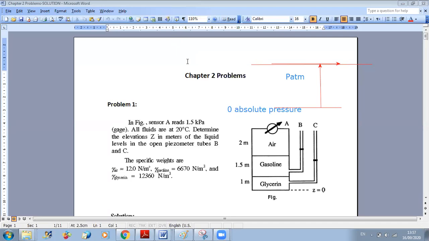So the whole idea is that you are changing references. If your reference is the atmospheric pressure and you consider this your 0, then I am counting gauge pressure from here.